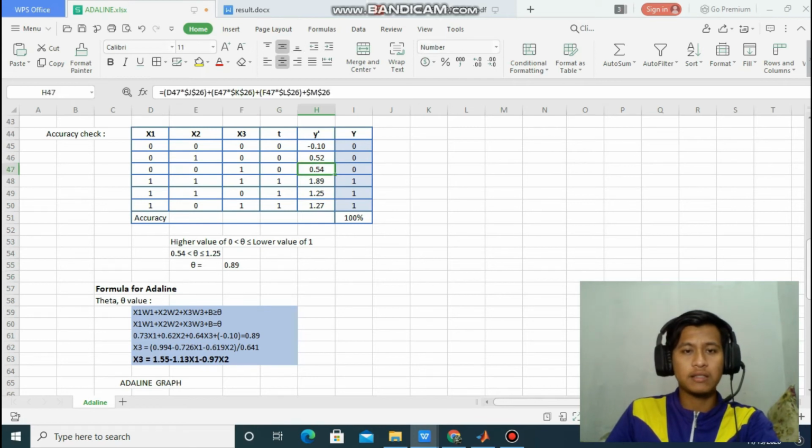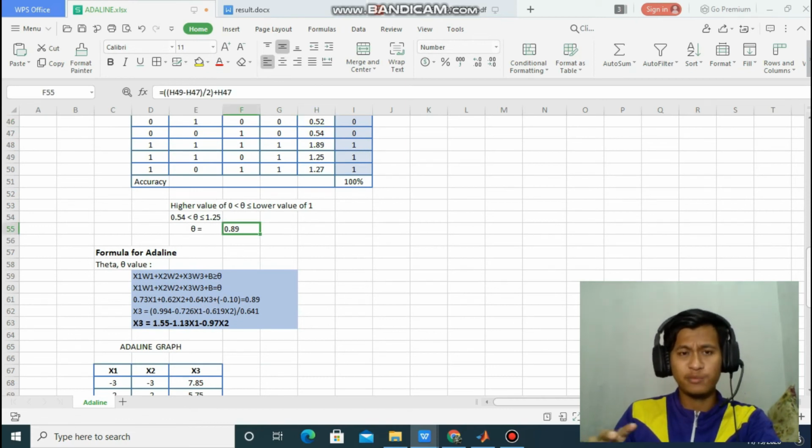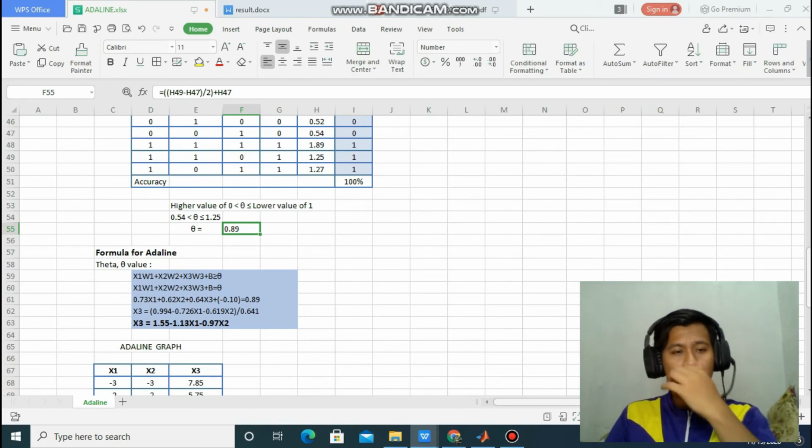For cluster 1 we use 0.52, and for cluster 2 we use the minimum value, which is 1.25. From that we get the answer for theta, which is 0.89.